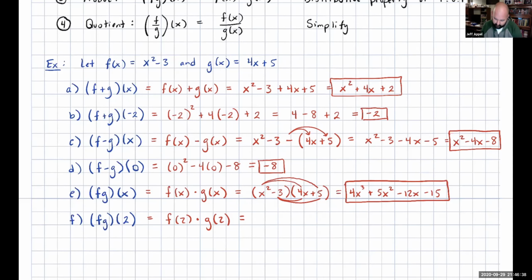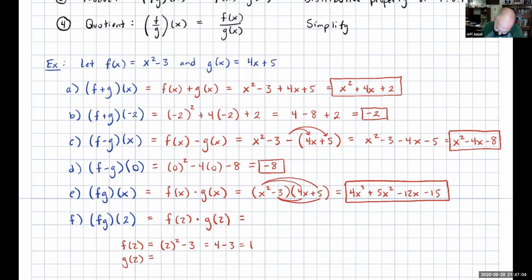So for example, f of 2, let's do some little side work below here. f of 2 is equal to 2 squared minus 3. If I plug 2 into my function f, that would be 4 minus 3, which is just 1. And if I did the same thing for g, what is g of 2?